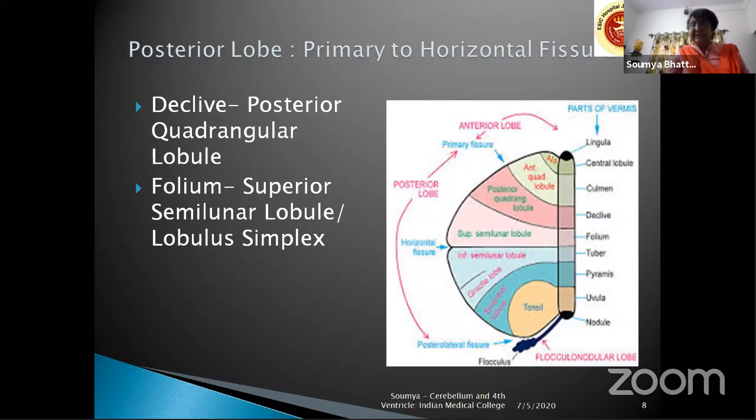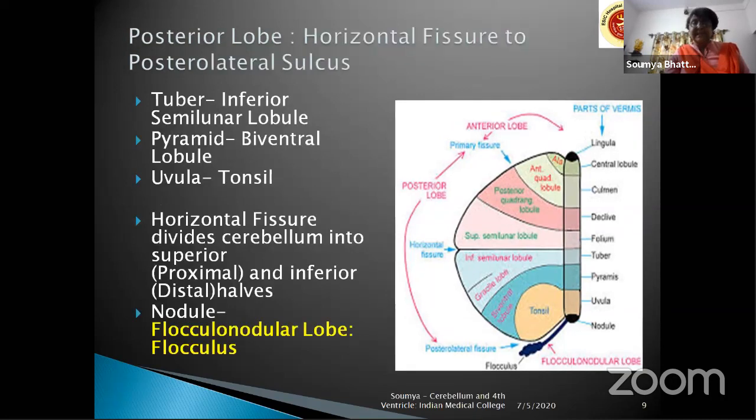After this, behind this, you will get the horizontal fissure. So the first part of the posterior lobe starts with the posterior quadrangular lobule and the superior semilunar lobule on the cerebellar hemisphere, with corresponding vermis portions as the declive and the folium respectively. Let us go to the next slide.